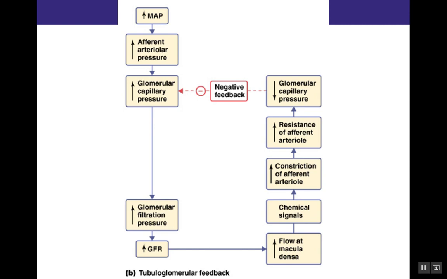In this case, these macula densa cells are going to detect that increase in flow, sending a signal to the smooth muscle cells that surround the afferent arterioles, causing constriction of the afferent arteriole, which leads to an increase in resistance of those vessels, which in turn decreases glomerular capillary pressure and ultimately decreases glomerular filtration rate.